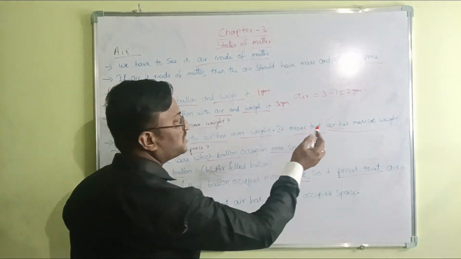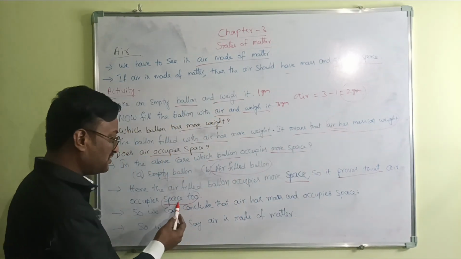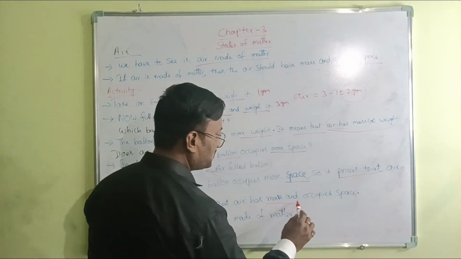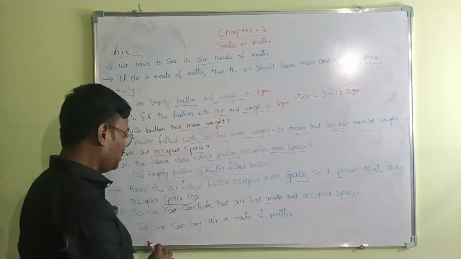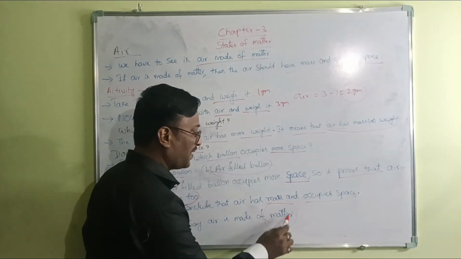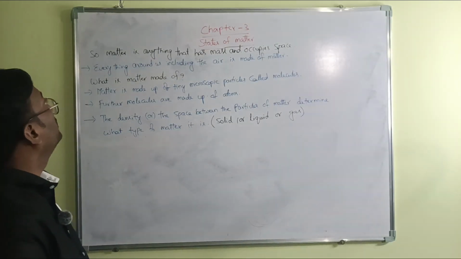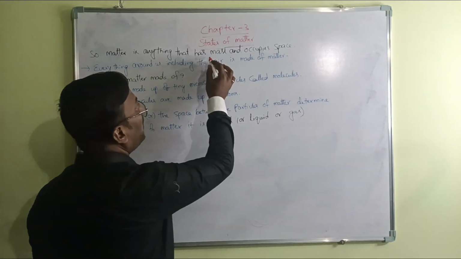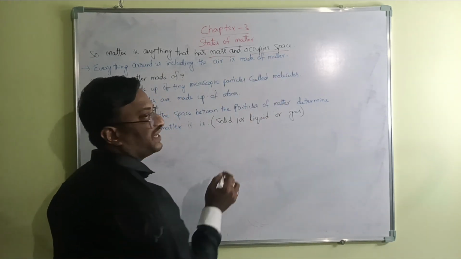At first we saw that air has mass, and second that air occupies space. So we can conclude that air has mass and occupies space. So we can say air is made of matter.